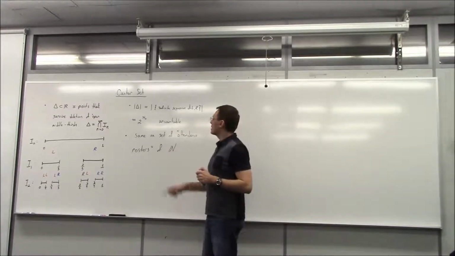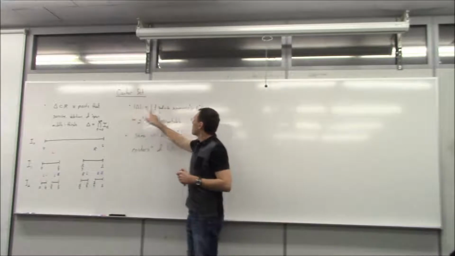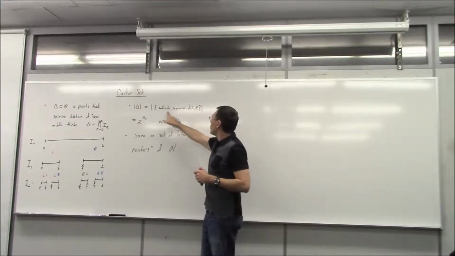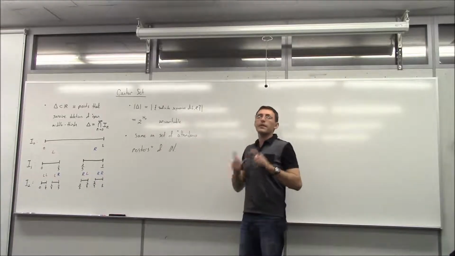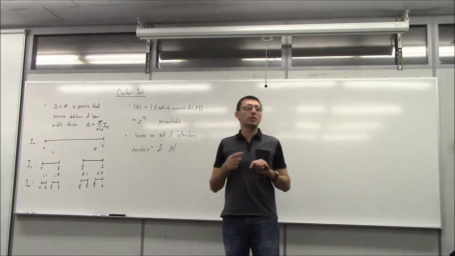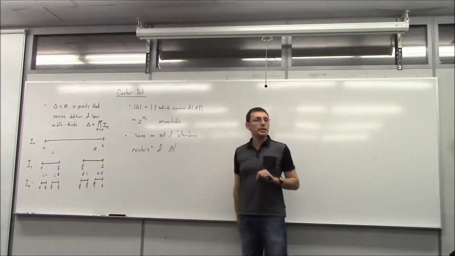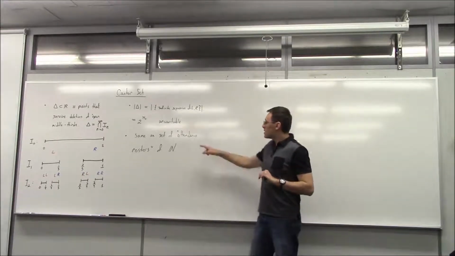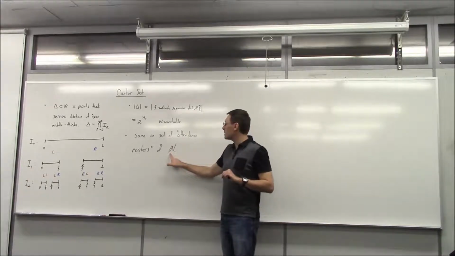So each particular path of left and right identifies a particular point in the Cantor set. And therefore, as we said in the last class, the cardinality of the Cantor set is the same as the cardinality of all infinite sequences formed out of left and right. If I select any particular sequence of left and right, that corresponds to a unique address for a point in the Cantor set. And as we mentioned, this set is the same as the set of all attendance rosters for the natural numbers n, right?